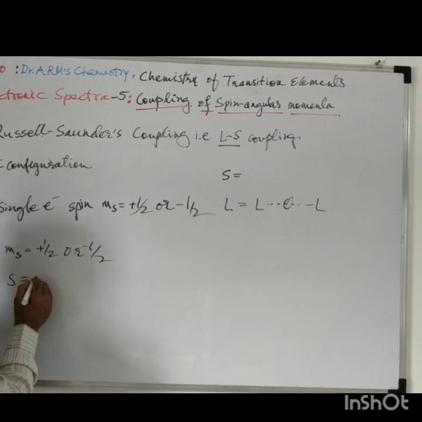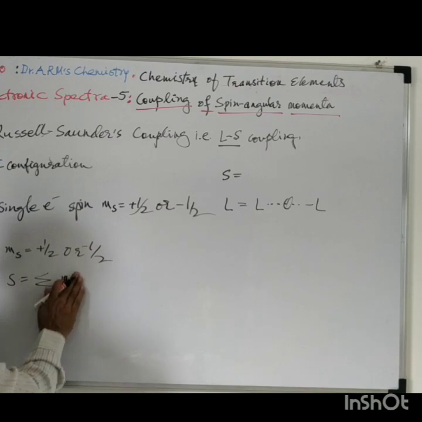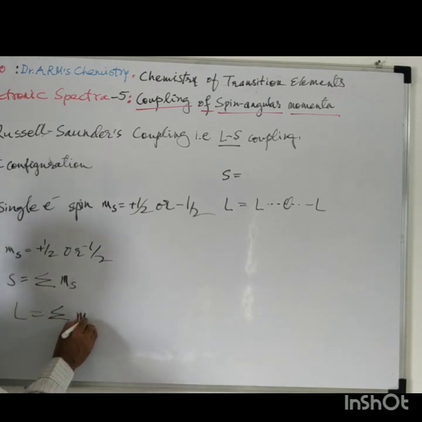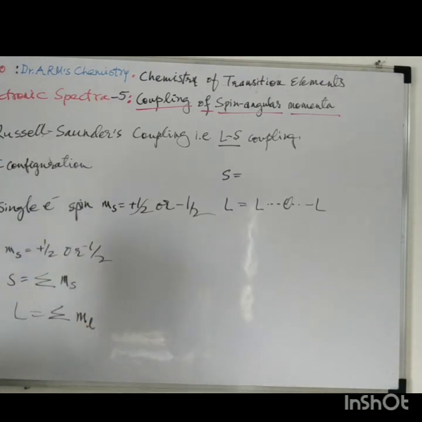So that is the summation of ms values. Similarly, we can have the ml values, and from this we get the L value as the sum of all ml values.